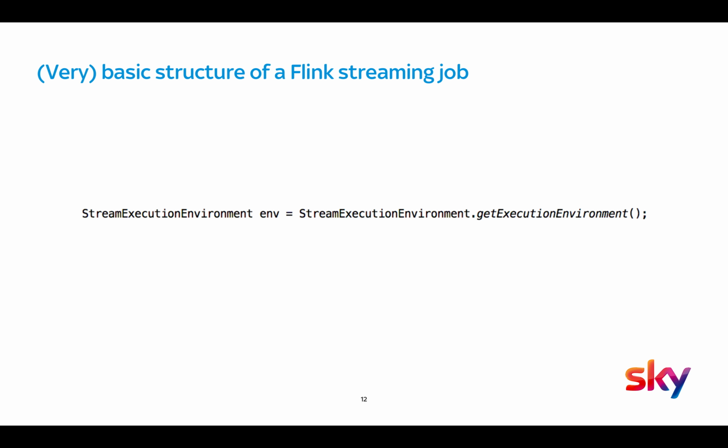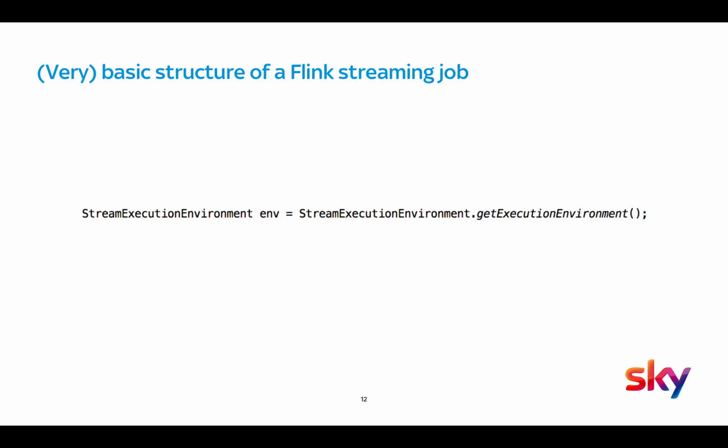In your streaming job, you first get the execution environment. On this environment, you can set the parallelism to specify how many threads are going to be processing your job. You can set the time characteristics, such as event time, ingestion time, or processing time. You can add sources to this environment. Sources are like, consumed from this Kafka topic, consumed from some Twitter feed, and so on.